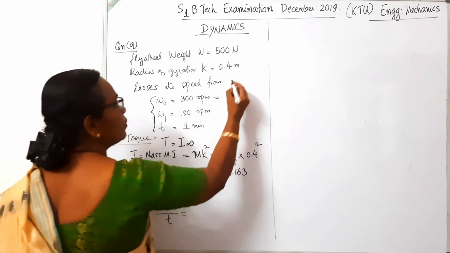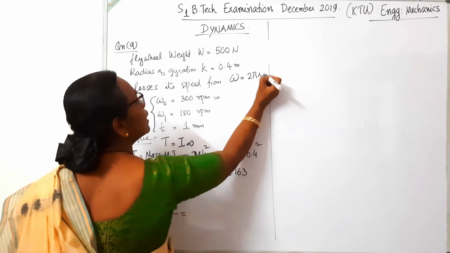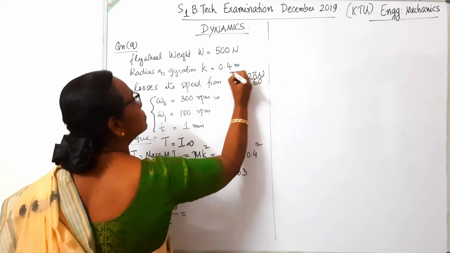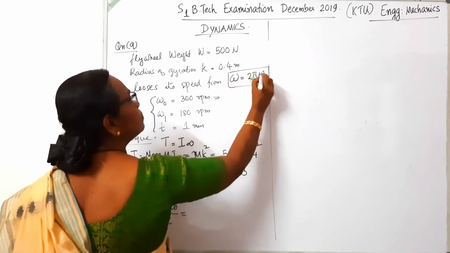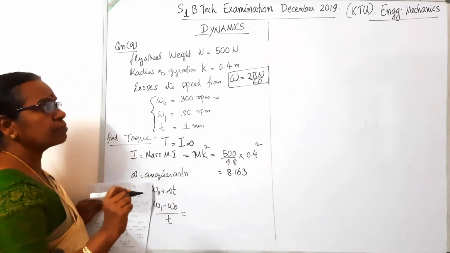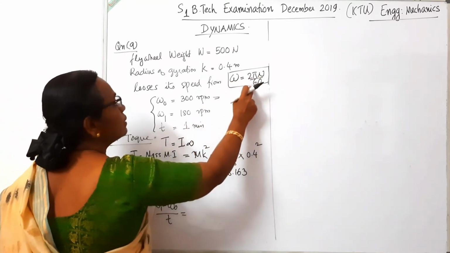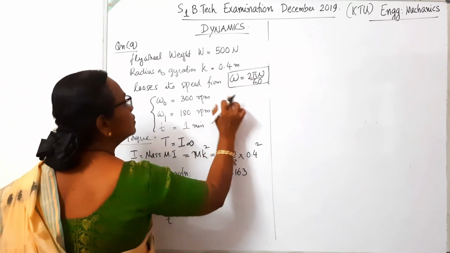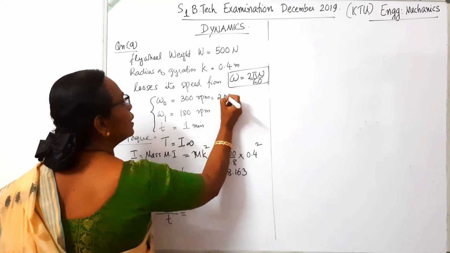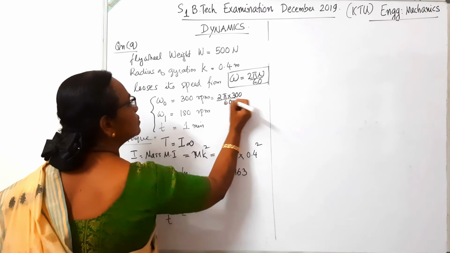second. So we have the equation omega is equal to 2 pi N by 60. If the angular speed is given in revolution per minute, we can convert it into angular speed in radians per second using the formula 2 pi N by 60. So here it is 2 pi into 300 divided by 60.